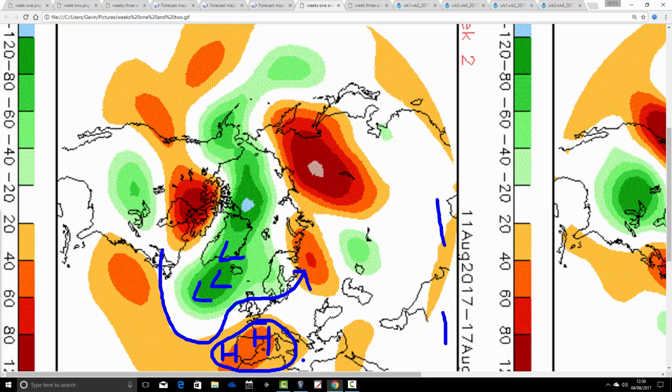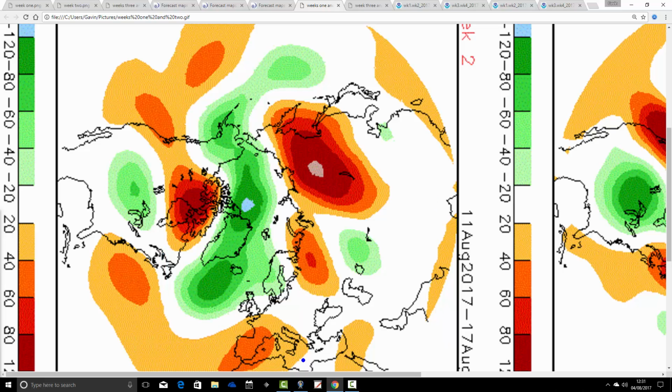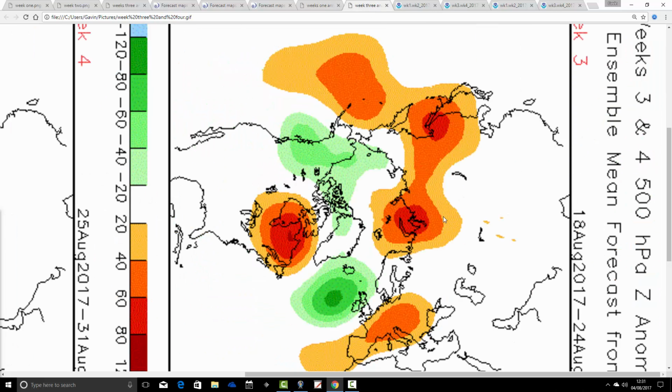We are getting more influence from that. So for the north, probably still unsettled as we head into the middle part of August. For the south, I would think that's going to be turning things quite a bit drier and warmer across the southern parts of the country. As I say, that's more in line with what the shorter range GFS and ECM have been showing over the past few days.